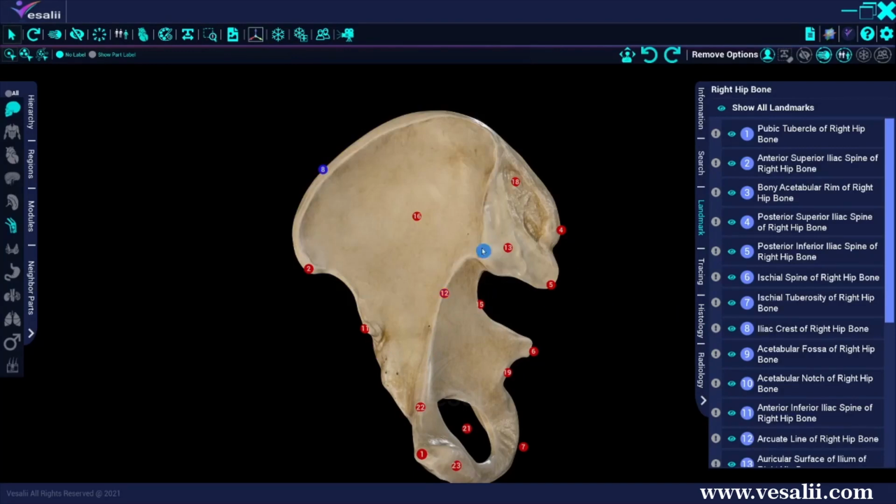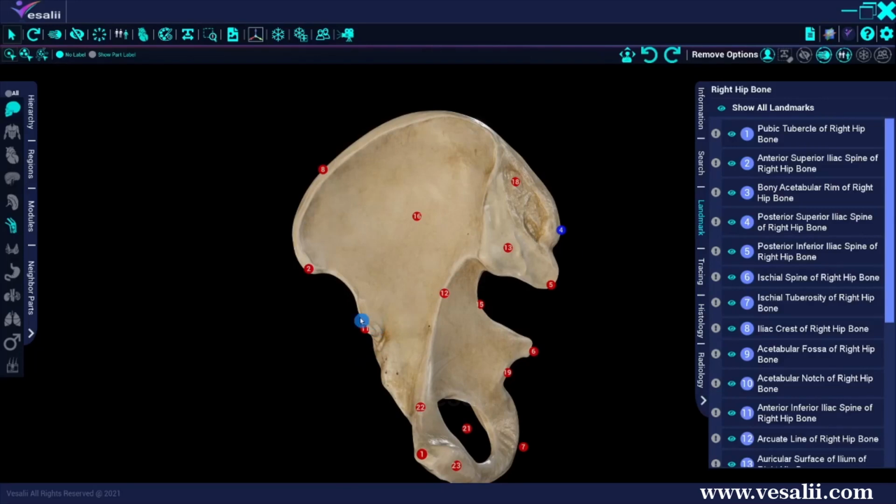The iliac crest is the superior border of the ilium, and it runs from the anterior superior iliac spine to the posterior superior iliac spine.